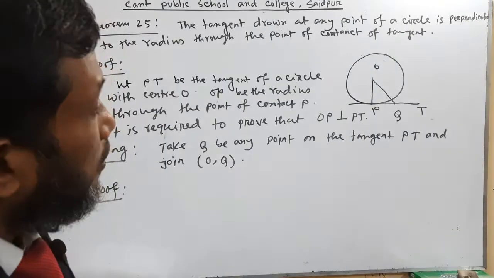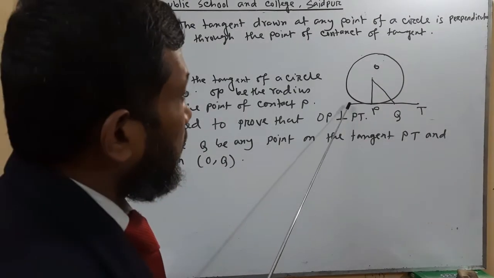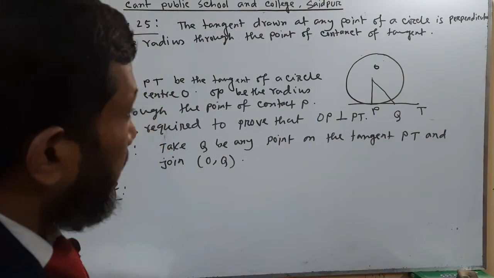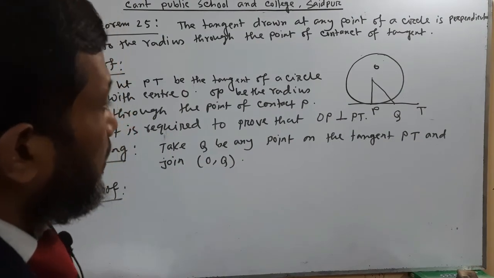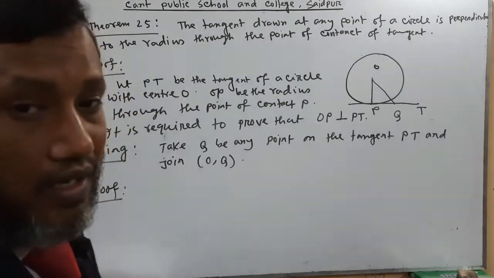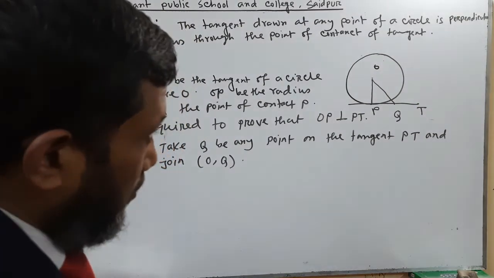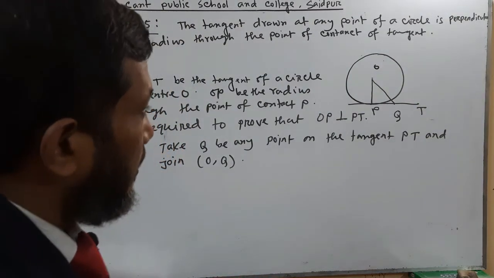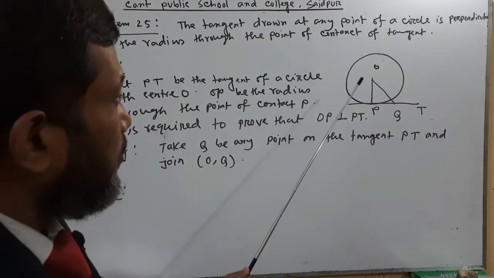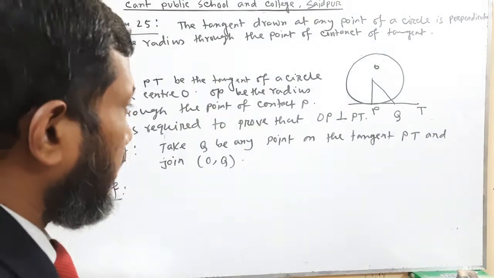This is true for all points on PT except P. So here OP is the shortest distance from center O to PT, and we can tell easily OP is perpendicular to PT.